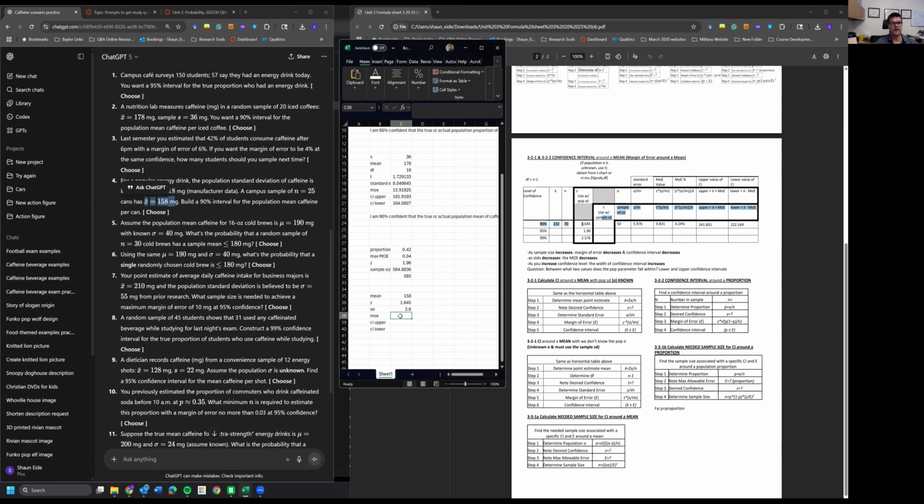And then the margin of error is going to be equals the z-score multiplied by the standard error. Okay, so my margin of error is 5.922. Then I'm going to do equals the mean plus the margin of error. And then I'm going to do equals the mean minus the margin of error.